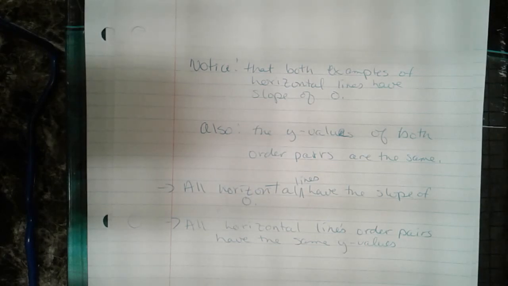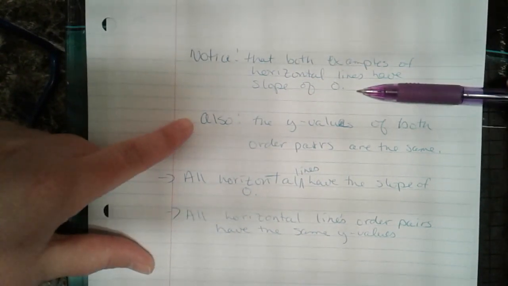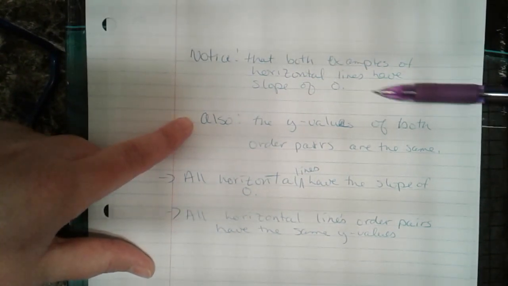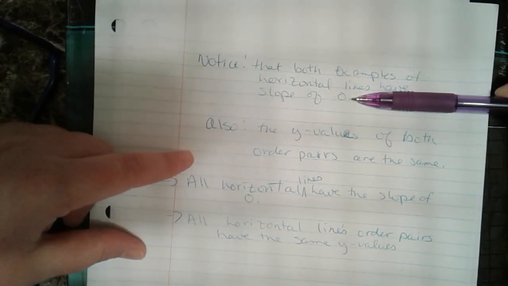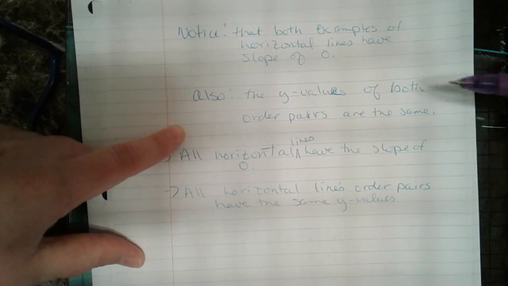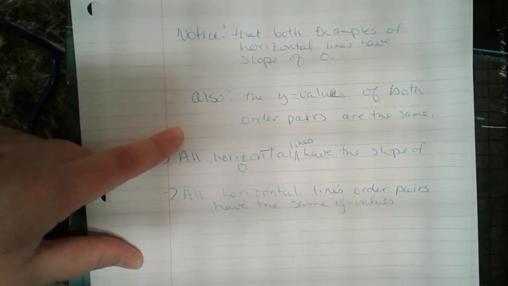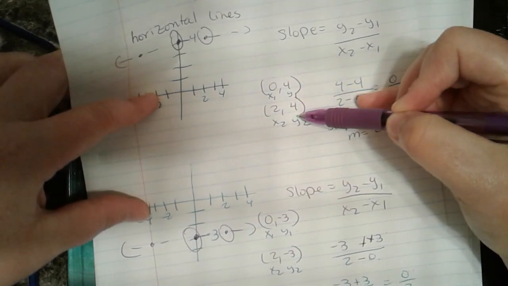So if I would have said, what is the slope of a horizontal line that passes through these 2 points? Well, the fact that we know it's a horizontal line, it's going to be a slope of 0. And if you can tell me that every horizontal line has a slope of 0, then you don't have to do any math whatsoever on it. Okay? Also, if I look at my ordered pairs, my y values were the same.